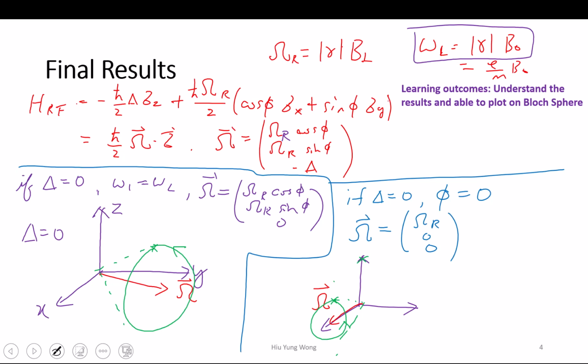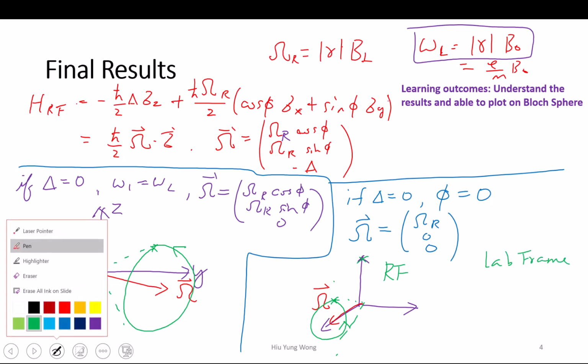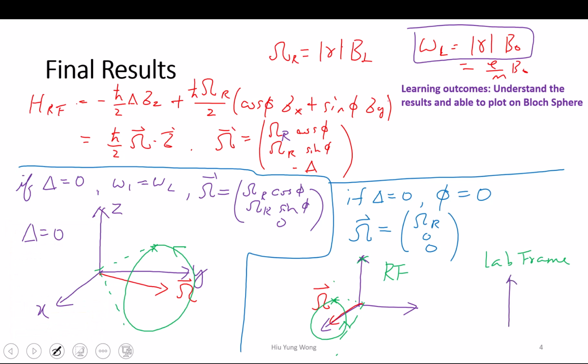Now, if we go back to the lab frame, what will you get? This is the rotating frame, right? The difference between the rotating frame and the lab frame is just that I am rotating at the Larmor precession frequency.